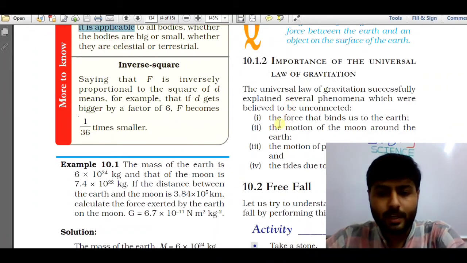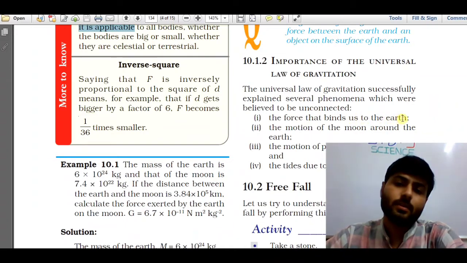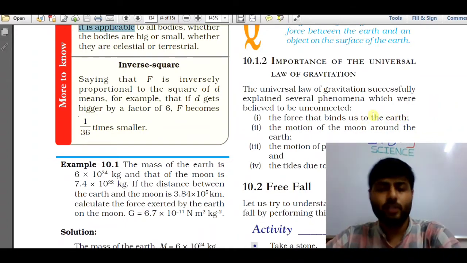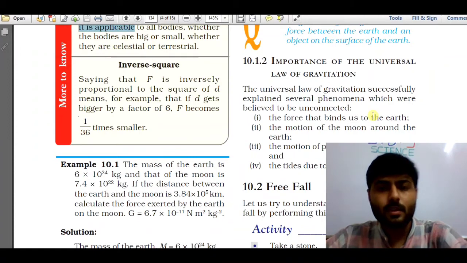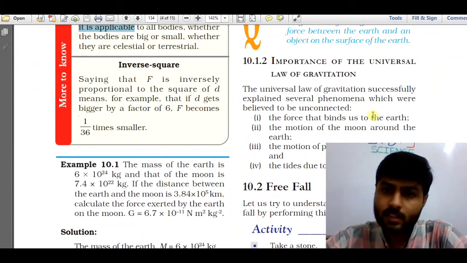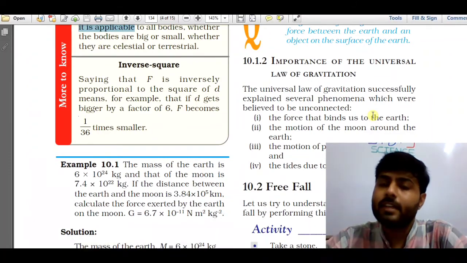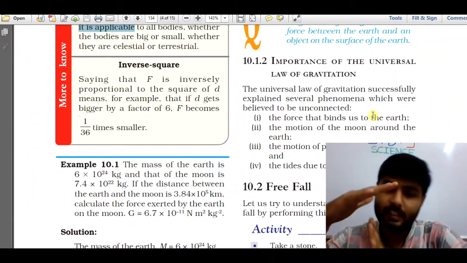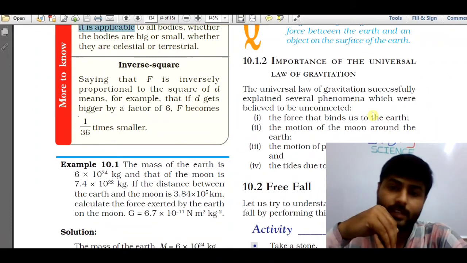We have the first point: the force that binds us to earth. We have a question before that: why are we standing on this earth, why is everything on this earth attached to the earth's surface?